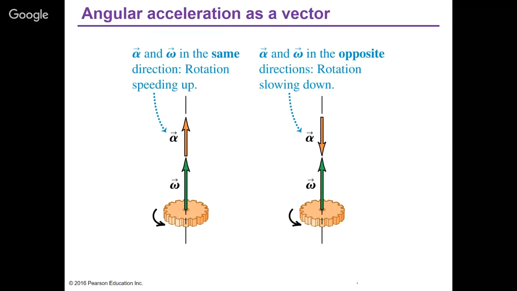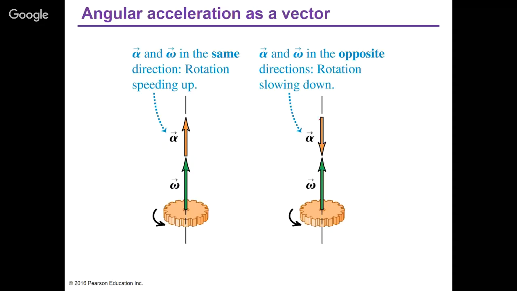And of course, angular acceleration is a vector as well, because angular velocity is a vector, so the time derivative of a vector quantity is a vector quantity as well.